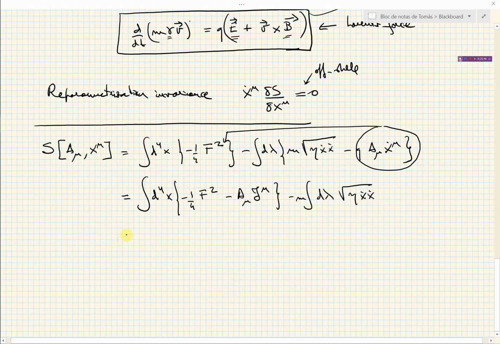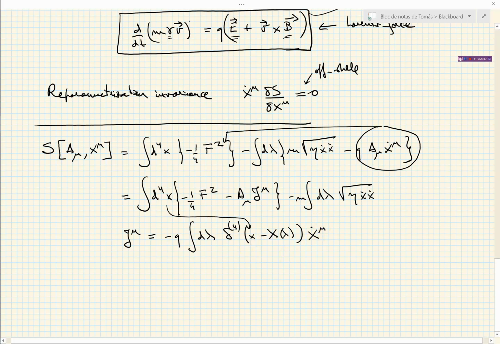And the J^mu that can play this trick is J^mu equal to minus q, the integral over lambda, this we cannot lose, and a four-dimensional delta, in which these are the coordinates, the ones that appear here, and these are the functions of the worldline, everything multiplied by x dot^mu.